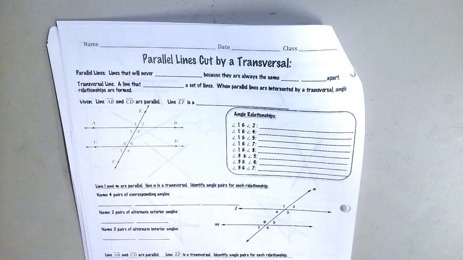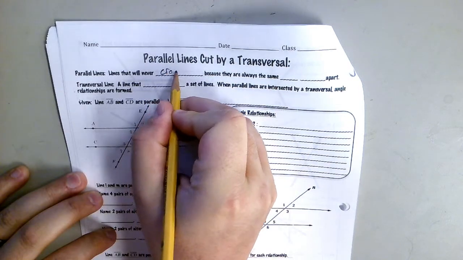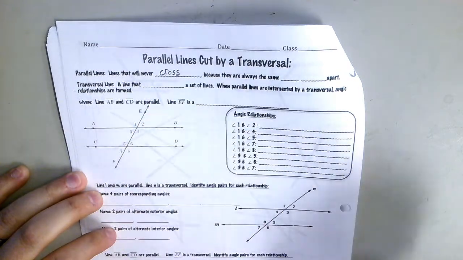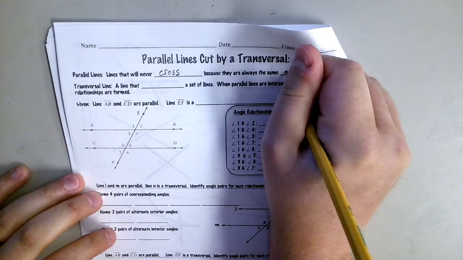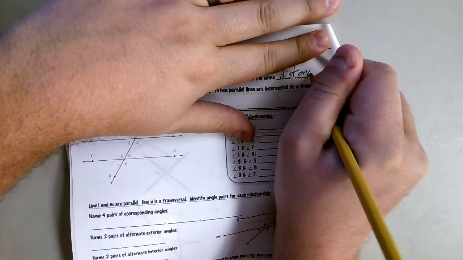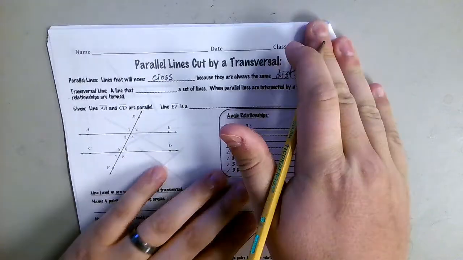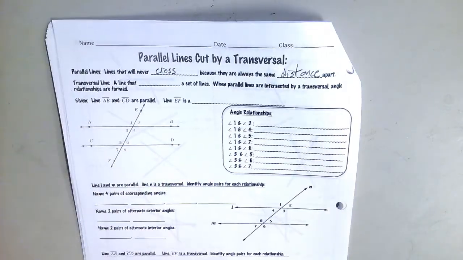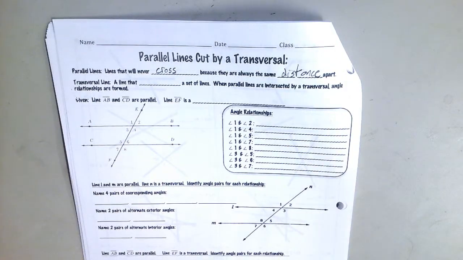So we'll talk across. Because they're always the same distance apart. So we kind of talked about parallel lines when we were doing slope and how if they have the same slope, they're not going to cross.